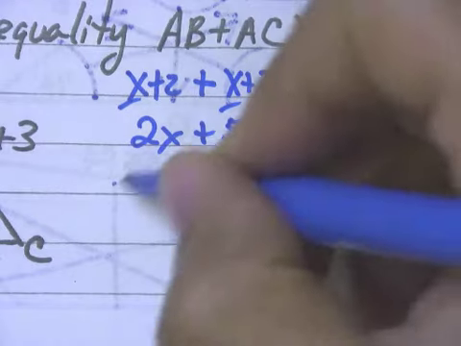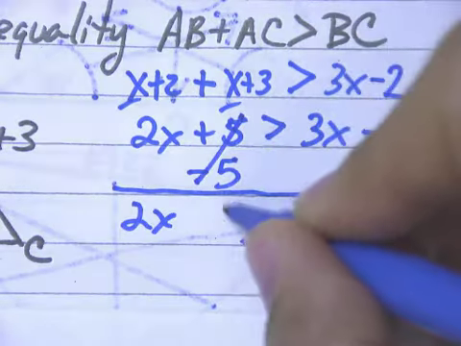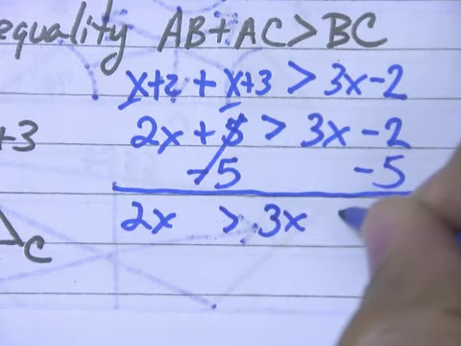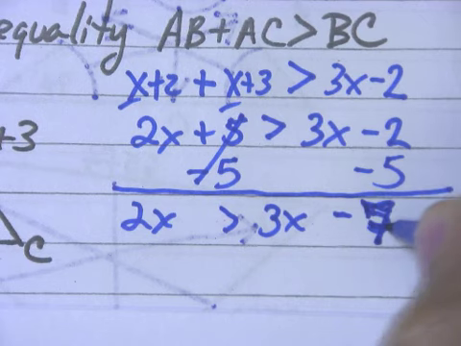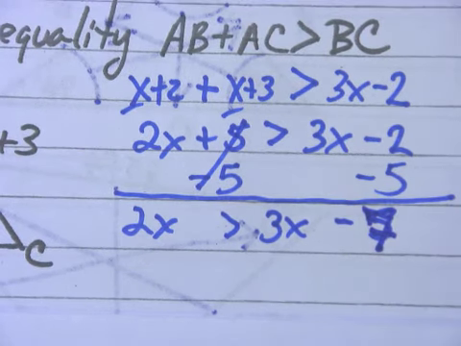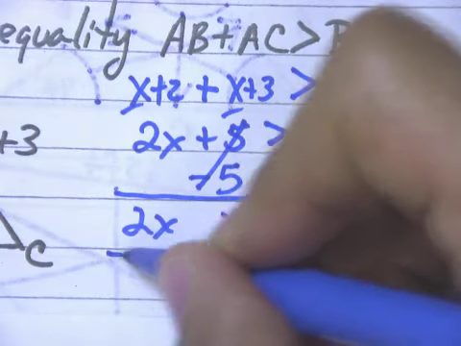This is a greater than sign. So let's do a little algebra here. Let's say I have negative 5 minus 5. I'm going to get 2x, cancels out, is greater than 3x minus 5, minus 7, that's 7.